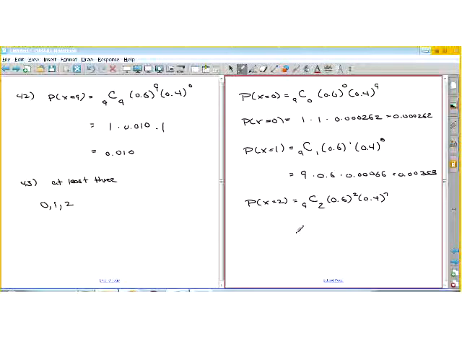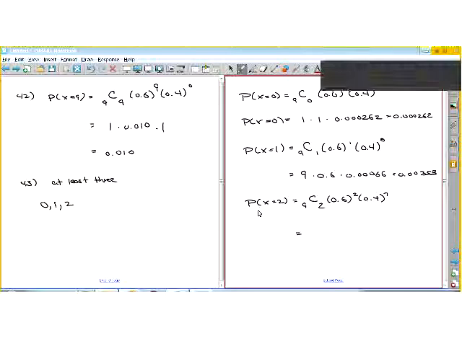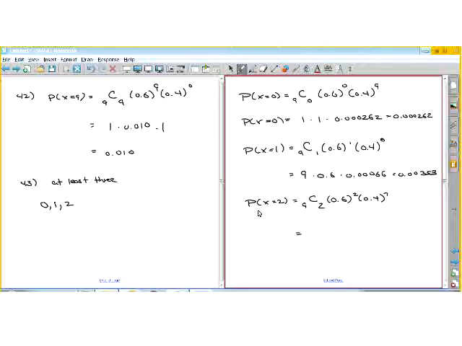We've done it enough here using another way, so I'm going to take advantage. So you've got 1, 9, and then 36 is the next entry in the row. So 36. And then you just multiply by these results. 0.6 squared is 0.36.